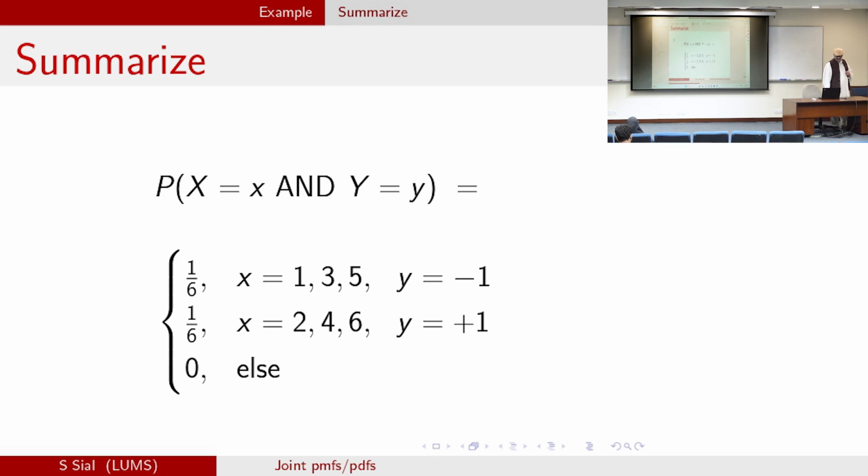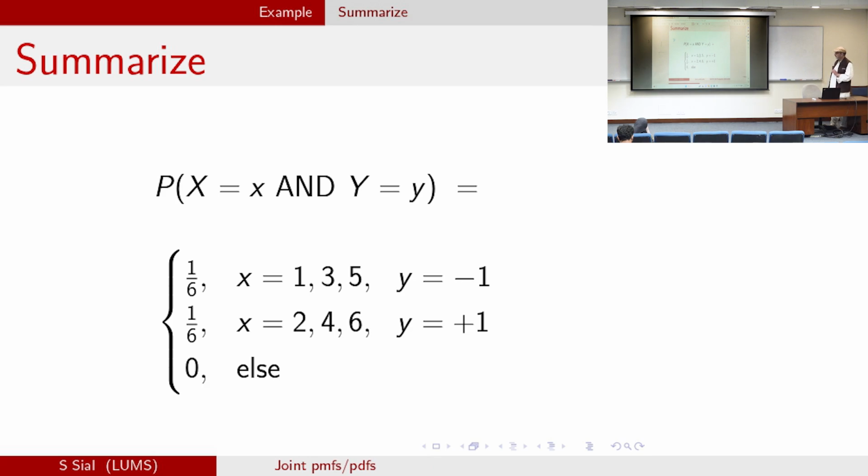Okay. Now, let's list all the possibilities. All right? So, the probability that x takes a value x and the other random variable takes a value y is, there's a 1/6 probability that x is 1, 3, or 5 and y is equal to -1.